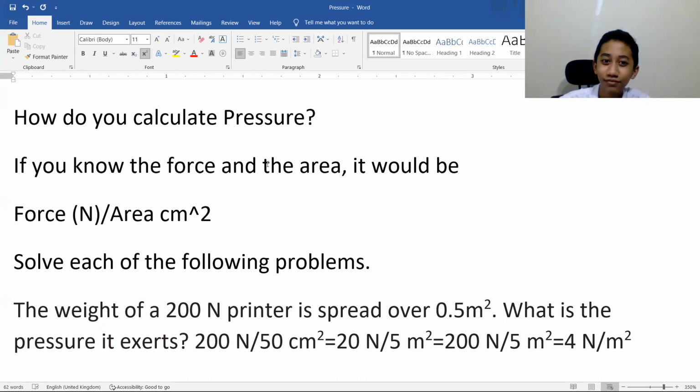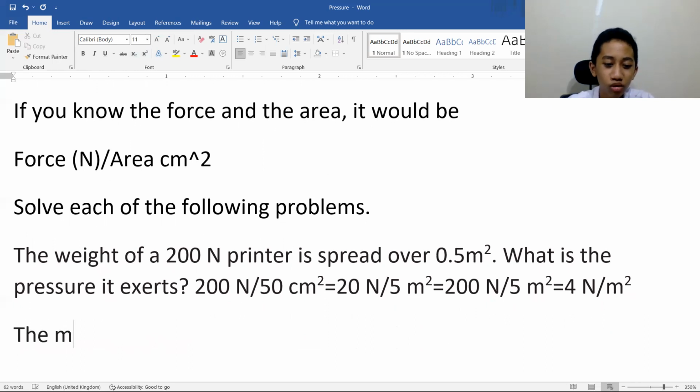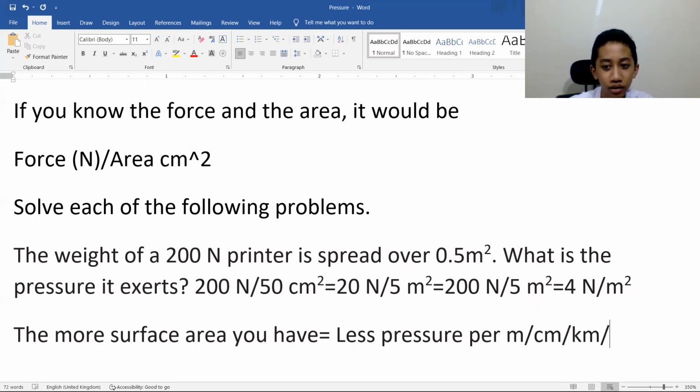Oh, and by the way, the more surface area you have, the less pressure per meter or centimeter, kilometer or millimeter.